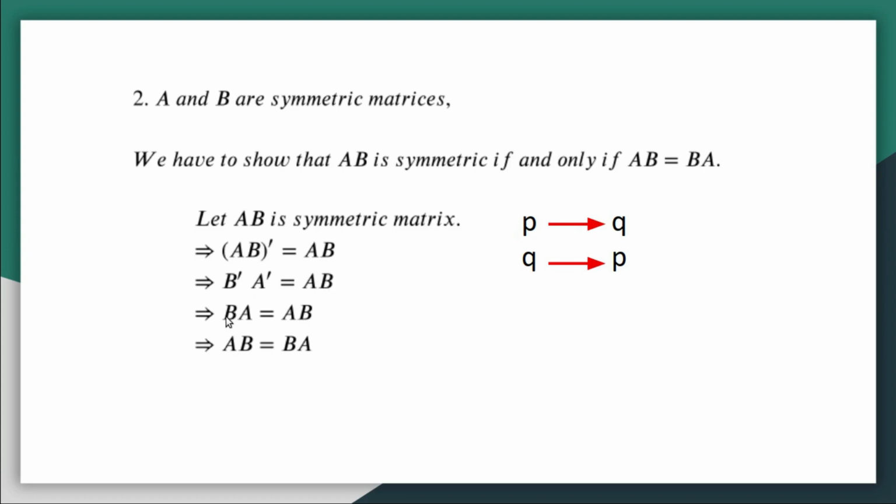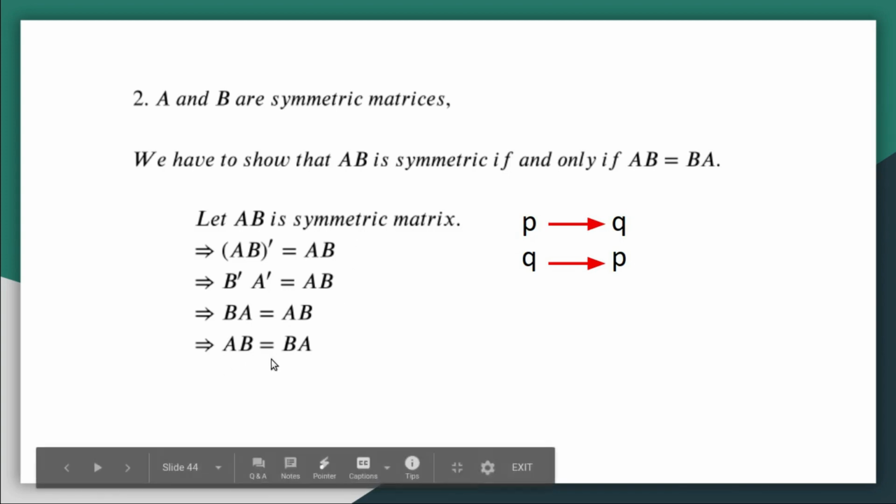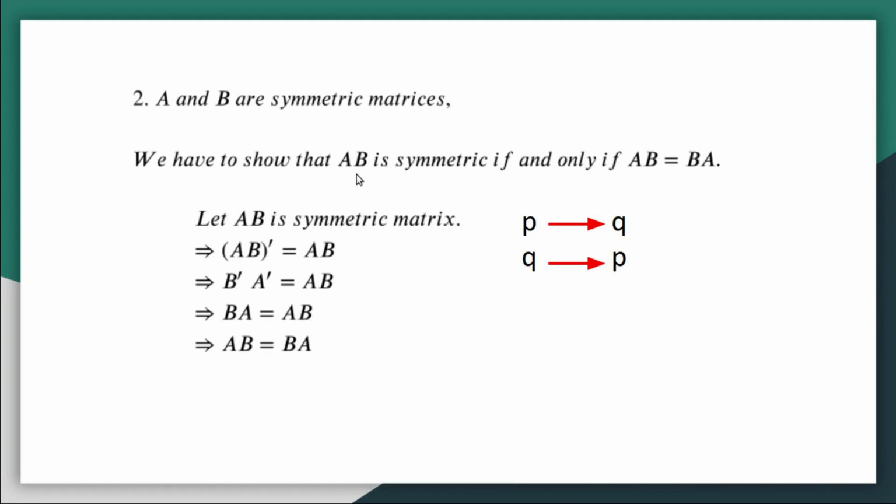Now B transpose is B because B is symmetric, and A transpose is A because A is symmetric. So we get BA equals AB, or we can write it as AB equals BA. So AB is symmetric implies AB equals BA.